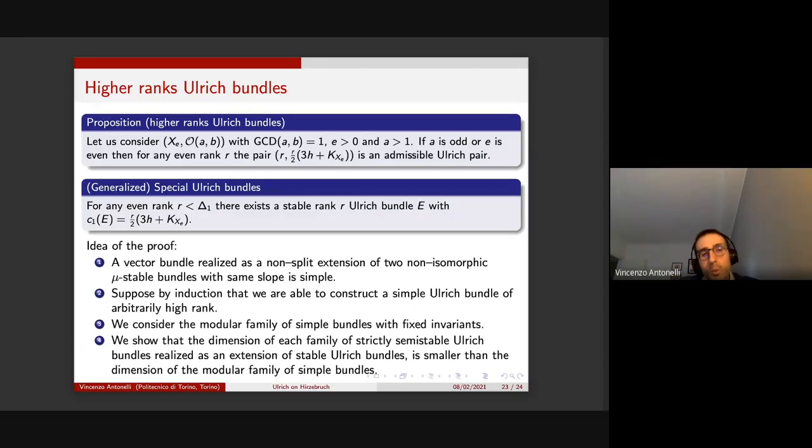But actually, what I want you to notice is that delta 1 does not have an upper bound. So you can choose a particular polarization and obtain an arbitrarily high delta 1. So it's not like delta 1 can be at most 10, so you have the existence up to rank 8. Delta 1 can be really high.